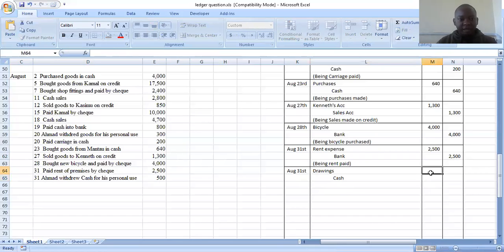The amount is 500, and credit 500 for cash. Narration being drawings, cash by the owner.